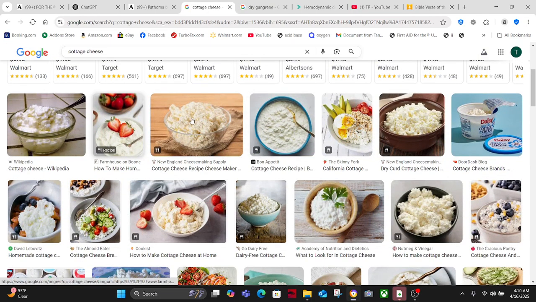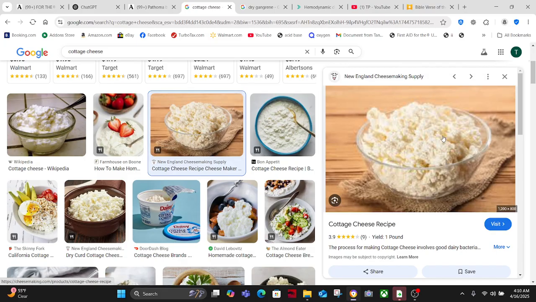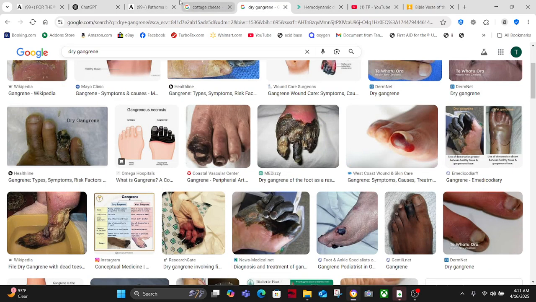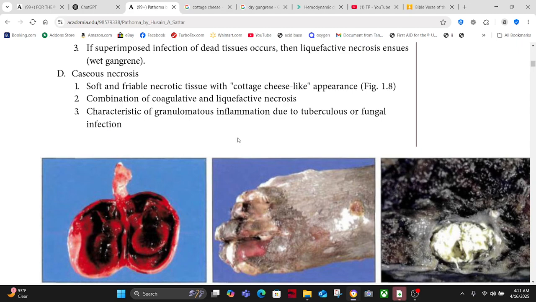So caseous necrosis is characteristic of granulomatous inflammation due to tuberculosis or fungal infection.